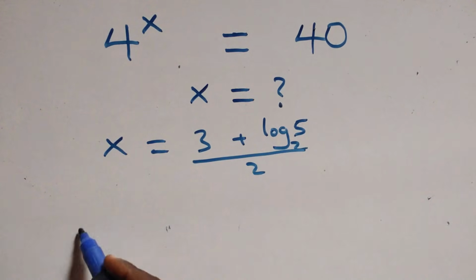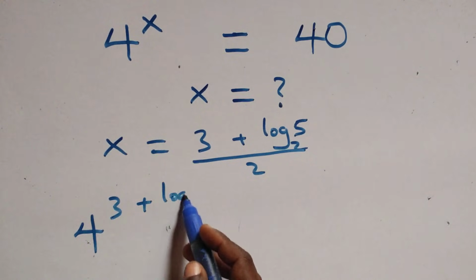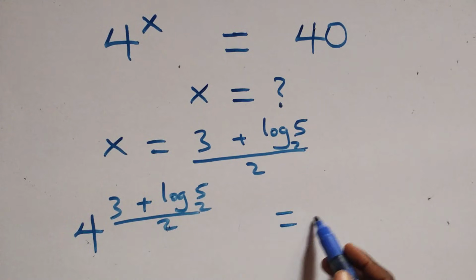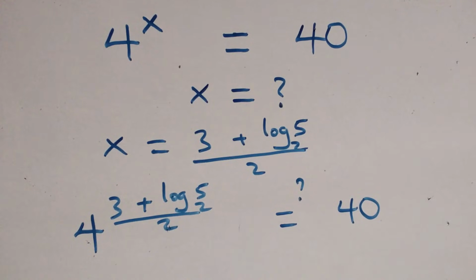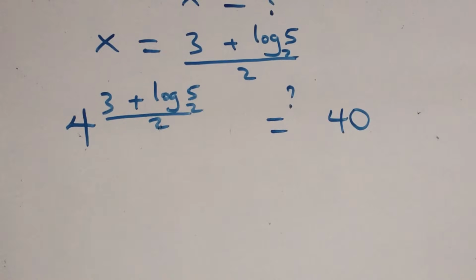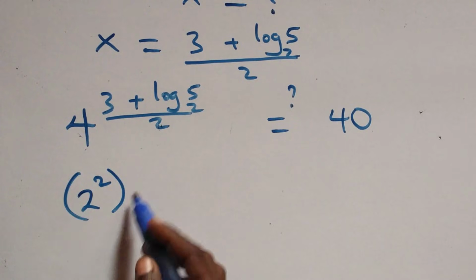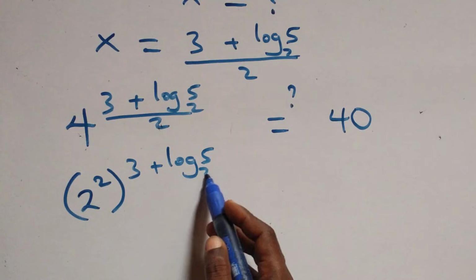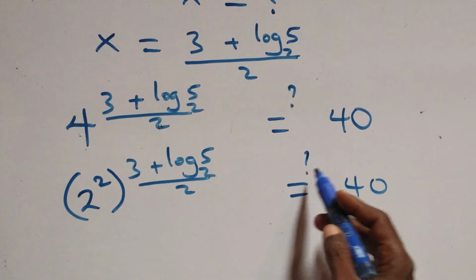Then what we have here becomes 4 raised to power 3 plus log 5 base 2 all over 2, does it equal 40 on this side? Then from here we can write 4 as 2 squared, which is raised to power 3 plus log 5 base 2 all over 2, does it equal 40 on this side?